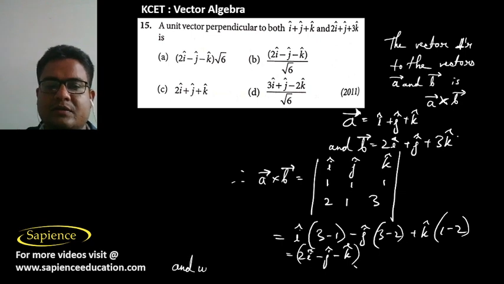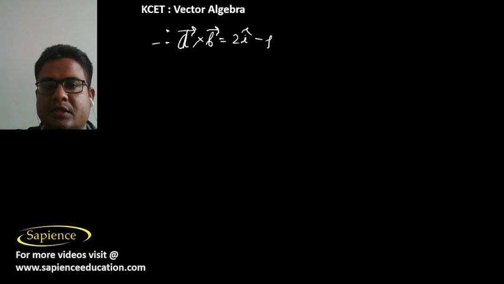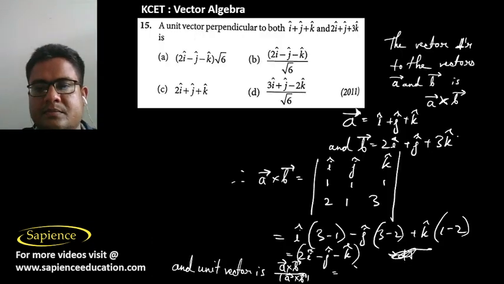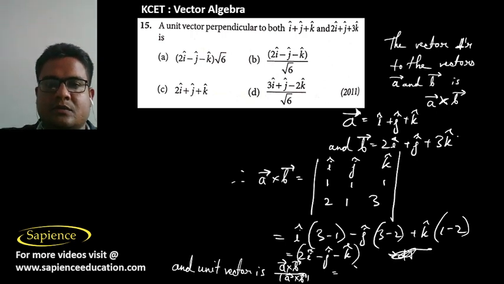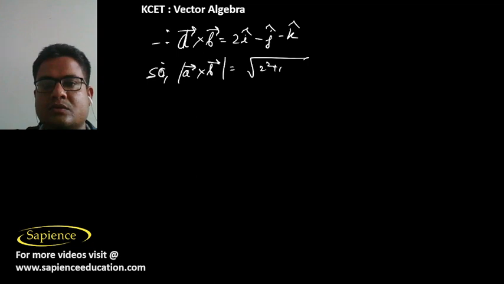And then the unit vector along A cross B will be A cross B divided by the magnitude of A cross B. Here A cross B is 2 i cap minus j cap minus k cap, so its magnitude is the square root of 2 square plus 1 square plus 1 square, which is 4 plus 1 plus 1 is 6, so root 6.